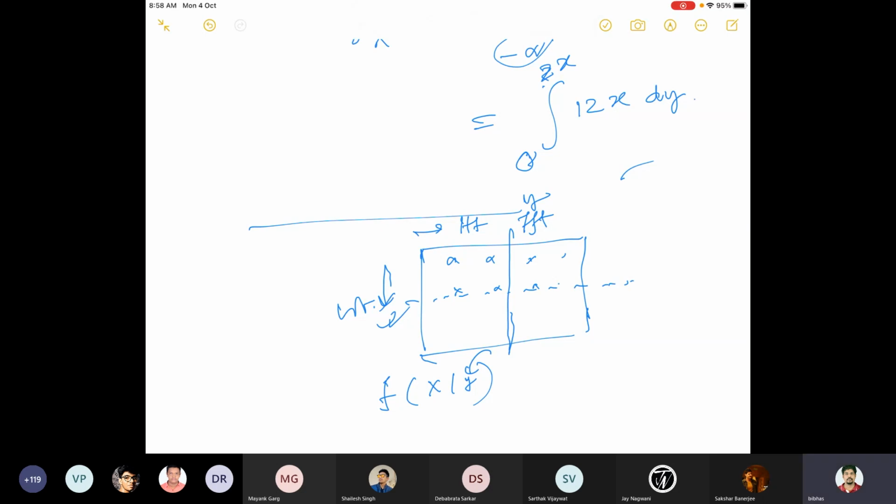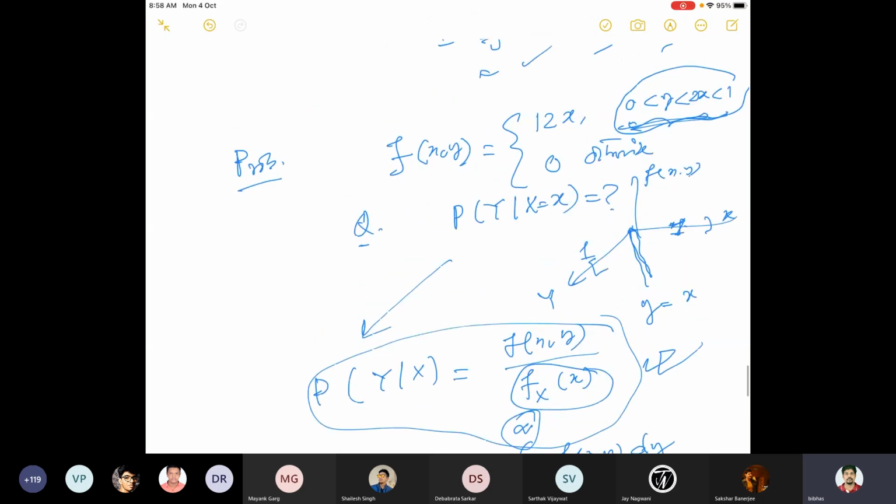That's the question. It is the same old problem we discussed for a single variable: whether this conditional probability is independent of the given x value or not. If it is, then we would say that the random variables capital X and capital Y are independent.